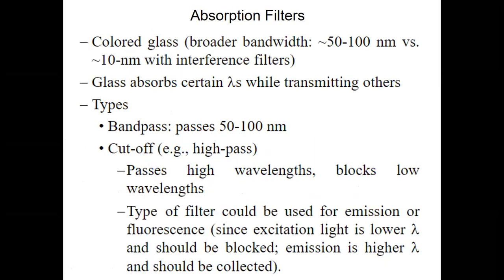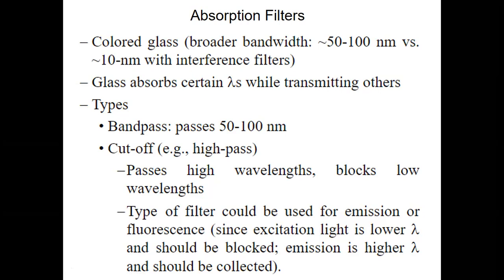Right, and the absorption filter. You remember the colored glass you used was an absorption filter. In the interference filter, normally the bandwidth is around 10 nanometers. I told you, when the bandwidth is getting smaller, it is a good wavelength selector, right?